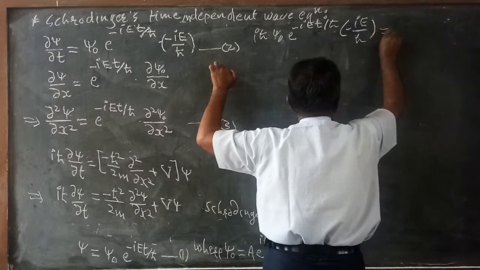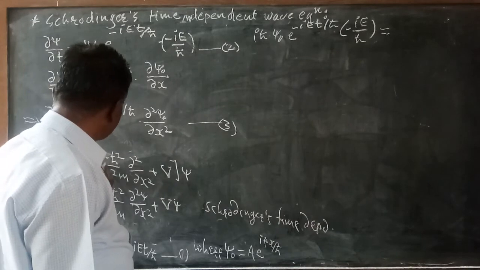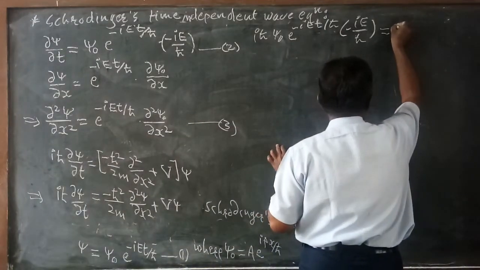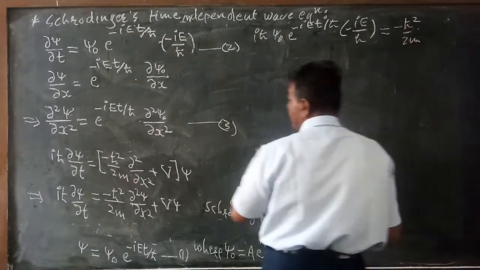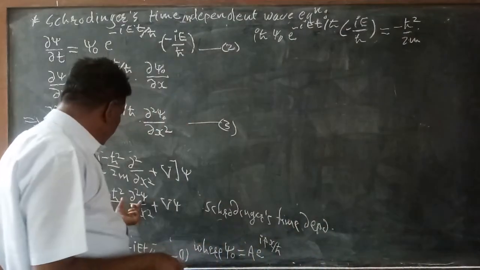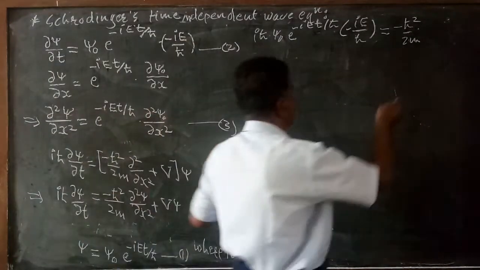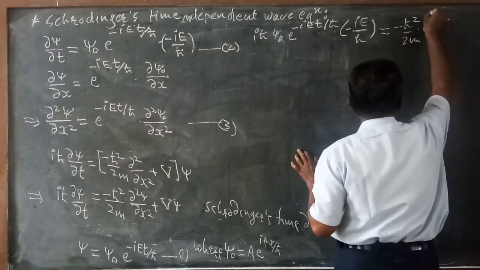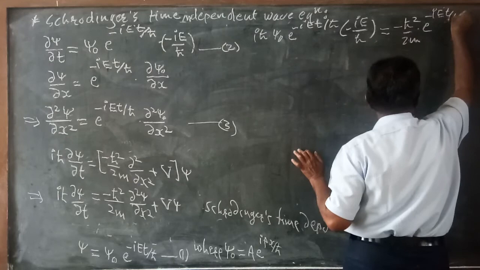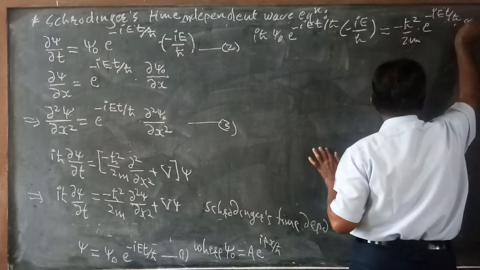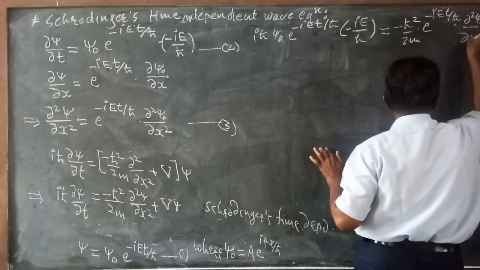Now this will be equal to, so d psi by dt we will put this value. Now minus h cut square divided by twice m as it is, into d square psi divided by dx square. So from the equation we are getting e to the power minus iEt divided by h cut into d square psi 0 divided by dx square.